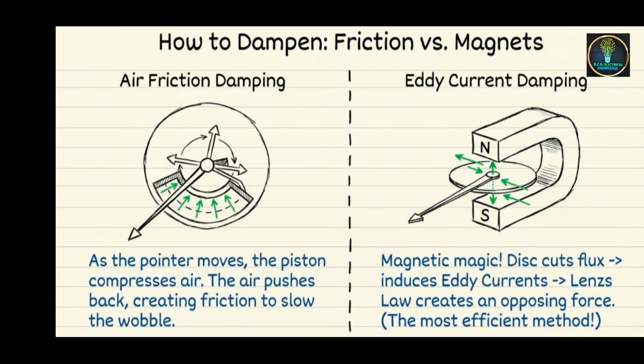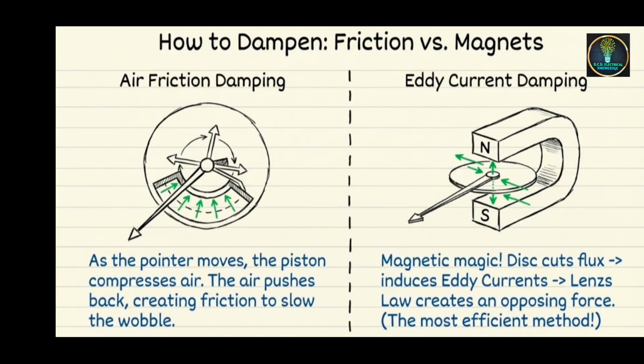How to dampen: friction versus magnets? Dampings are mainly two types: air friction damping and eddy current damping. Air friction damping, the figure shows.